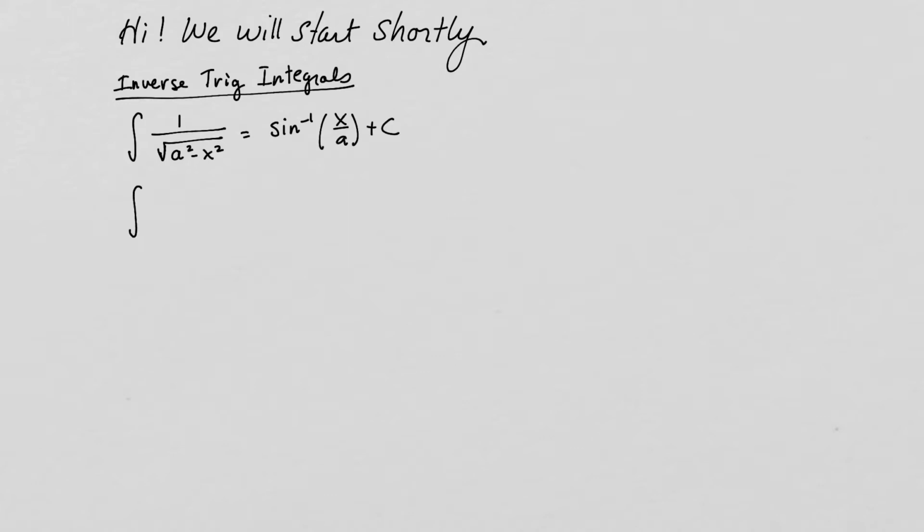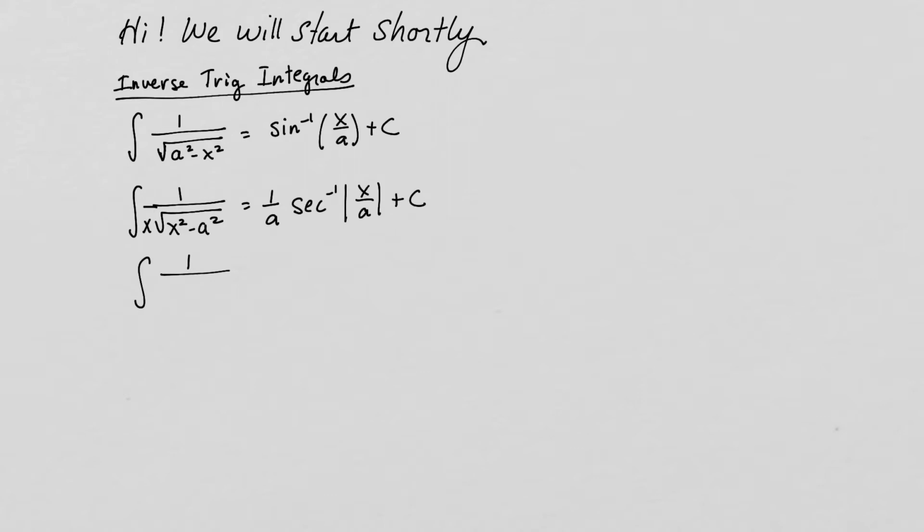The integral of 1 over x times the square root of x squared minus a squared is 1 over a times the inverse secant of the absolute value of x over a plus c.